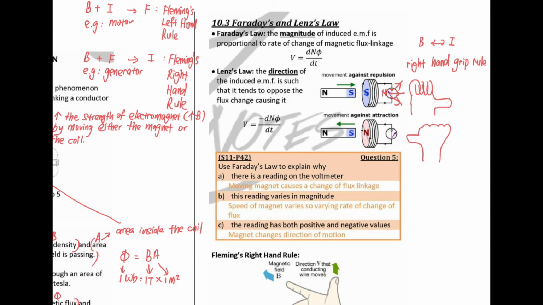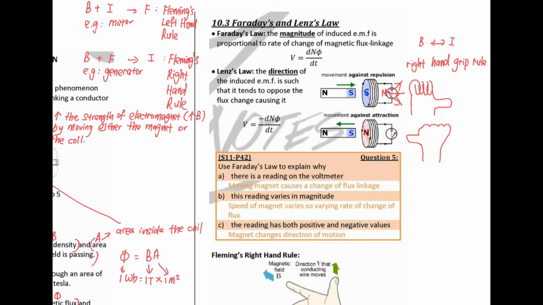That is the number of magnetic field lines being cut, which causes the EMF to be induced. So you move the magnet, then there is a change in the number of magnetic field lines being cut, which creates a reading on the voltmeter.